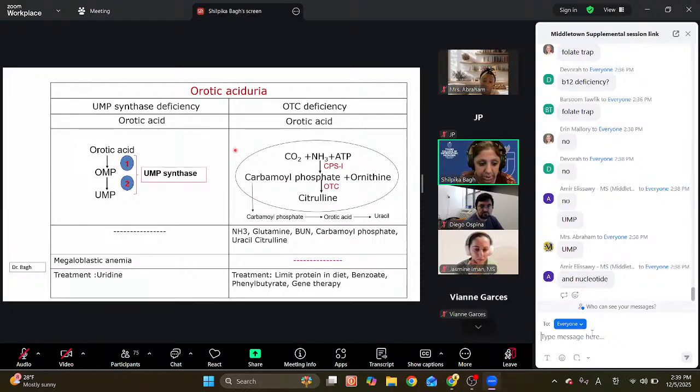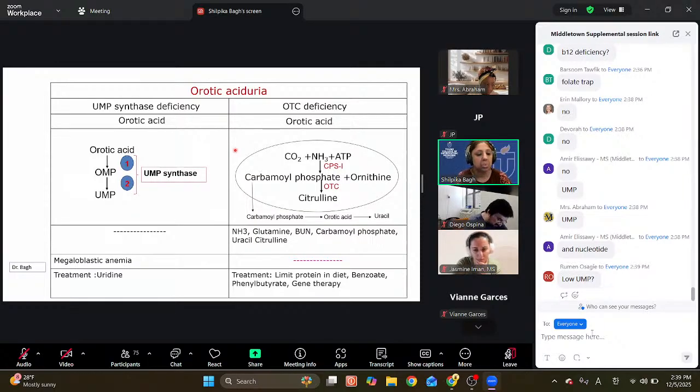But all I'm bringing your attention to: if you want to pick megaloblastic anemia because of UMP synthase deficiency, tell me what should be in the history. What should be in the question stem? One, low UMP. Secondly, they should say folate is normal, B12 is normal.